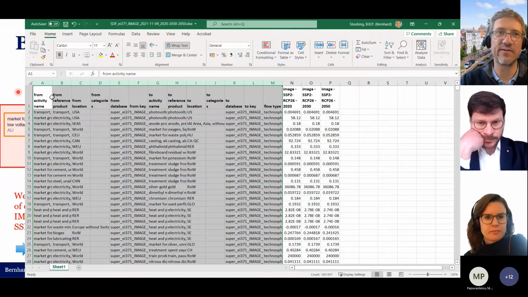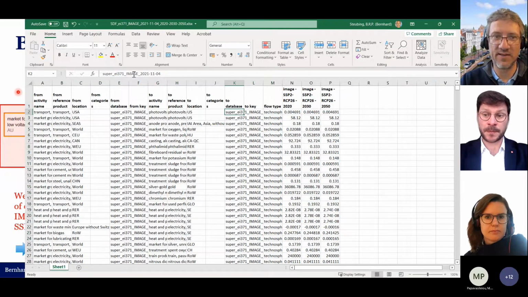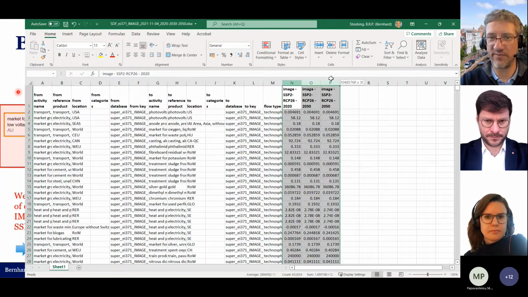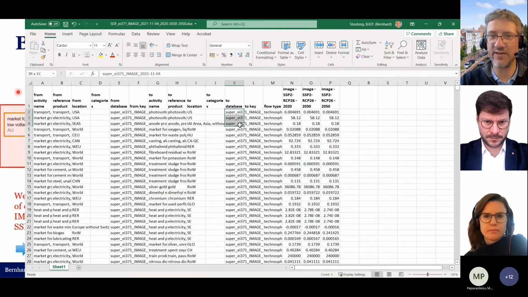So what we're doing here is, again, identifying exchanges in this superstructure database. And then we have three columns for different scenarios. So we're going to look at 2020, 2030, and 2050. And you can see this is not just changing three exchanges.